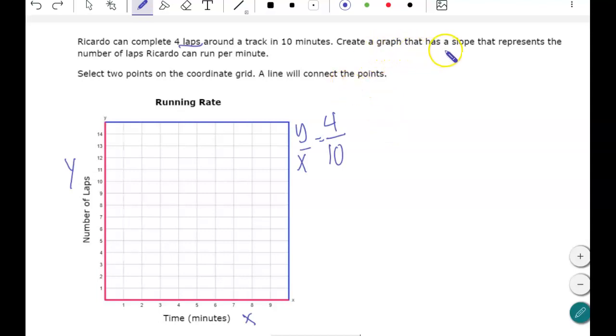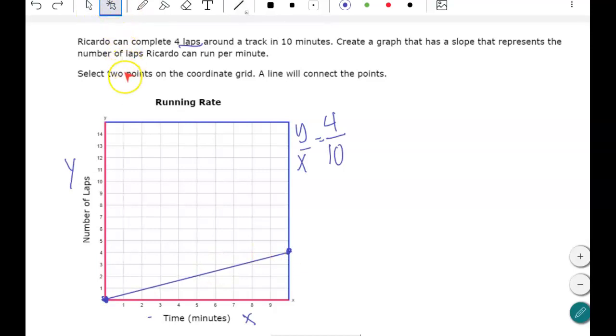So create a graph that has a slope that represents the number of laps Ricardo can run per minute. So you're going to have 0, 0, but you also have in 10 minutes 4 laps. So you can just do it with those 2 points, and then it would make your graph right there.